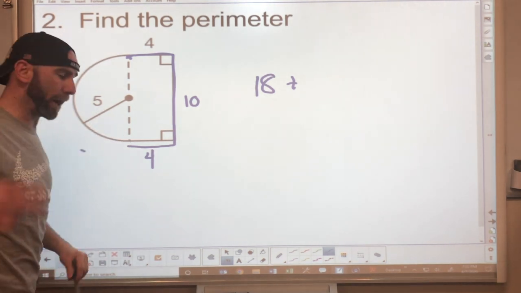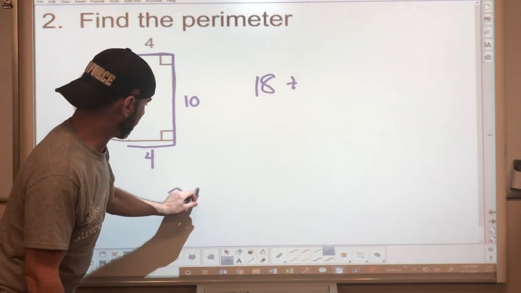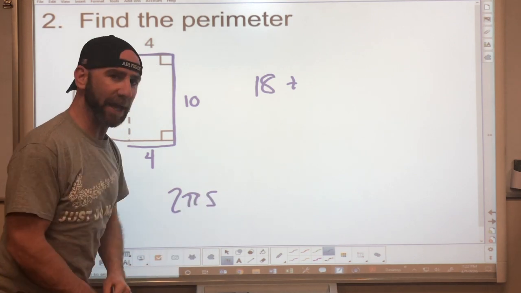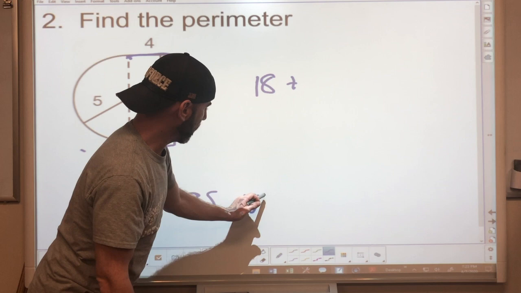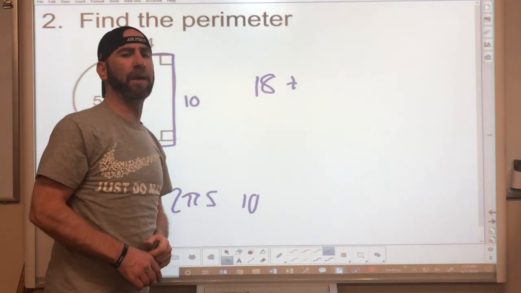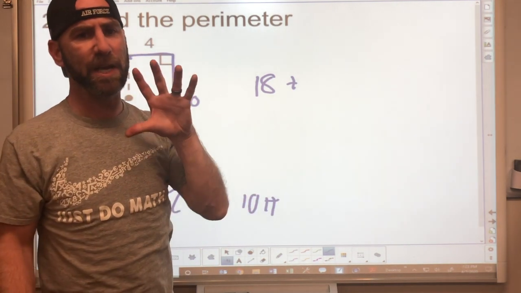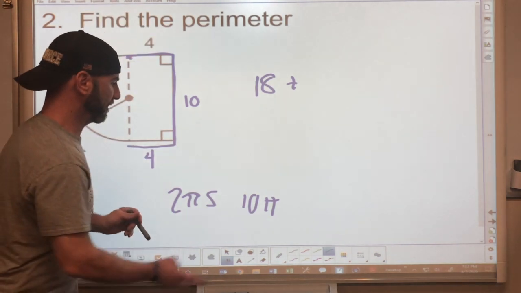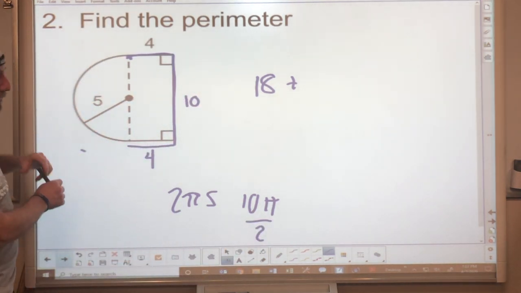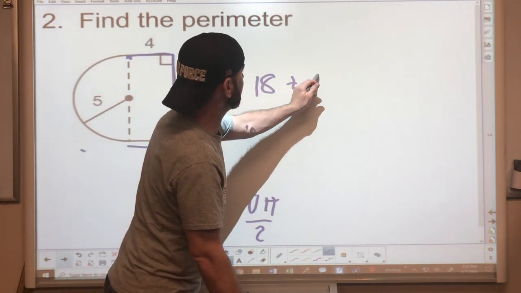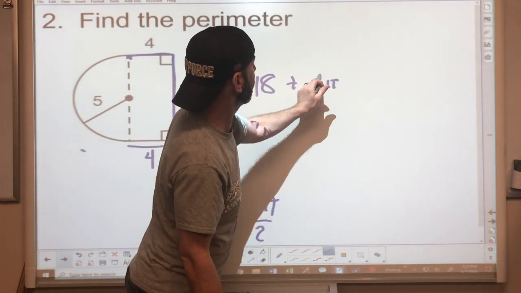So again, 2 pi r. So 2 pi times the radius, which is 5. That is 10 pi. But that would be the circumference of the entire circle. We have just a semicircle. So divide that by 2, because we only have half of a circle. That's 5 pi.